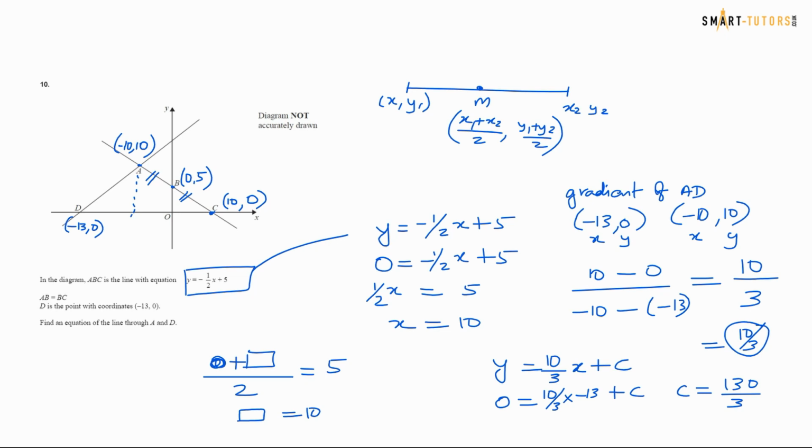So the equation of the straight line is y = 10/3 x + 130/3. If I multiply everything by 3, then 3y = 10x + 130. That is our final answer.